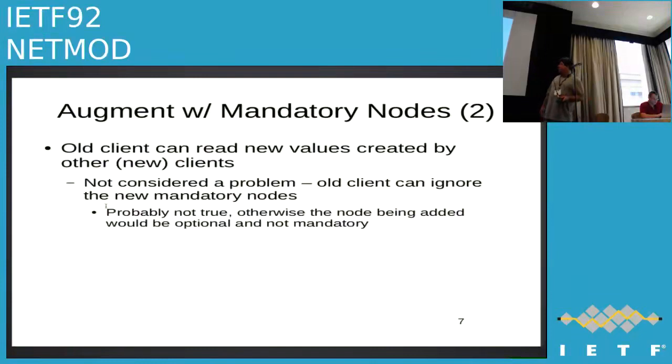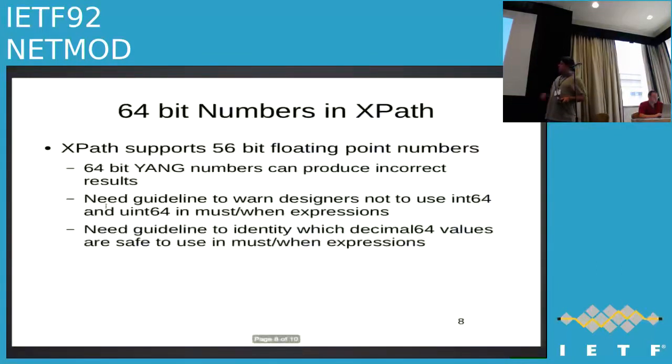It seems like it would have been optional if it could easily be ignored. But saying it's mandatory, clearly not something that can be ignored by the client. All right, so that's not an issue anymore.